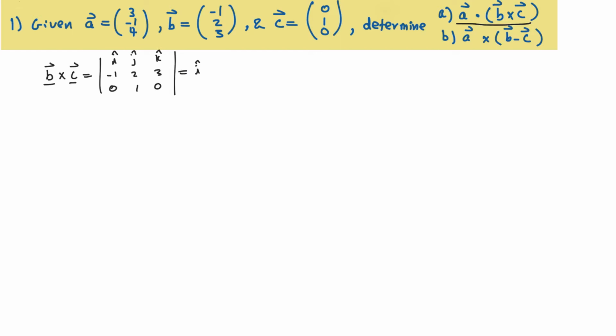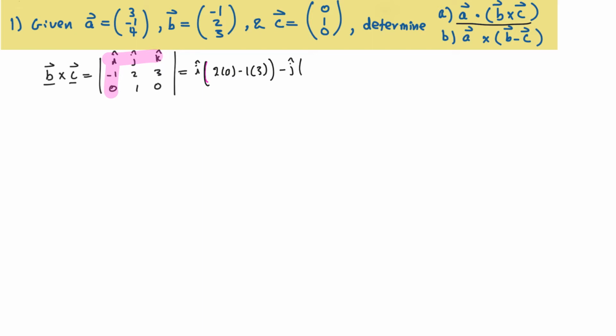I'm going to start with I. We will block off the top row and I column, and we will multiply 2 times 0 minus 1 times 3.